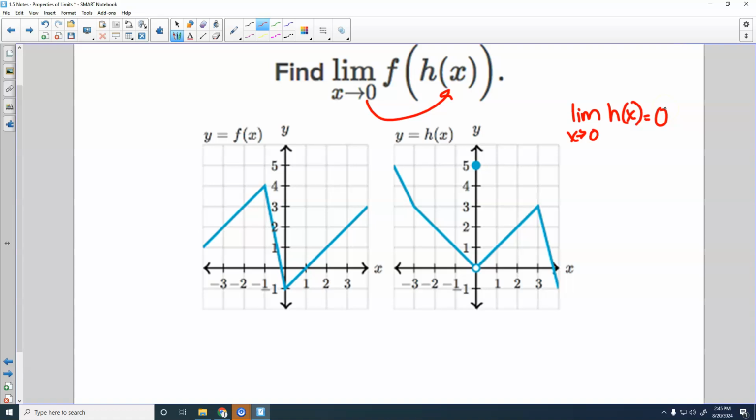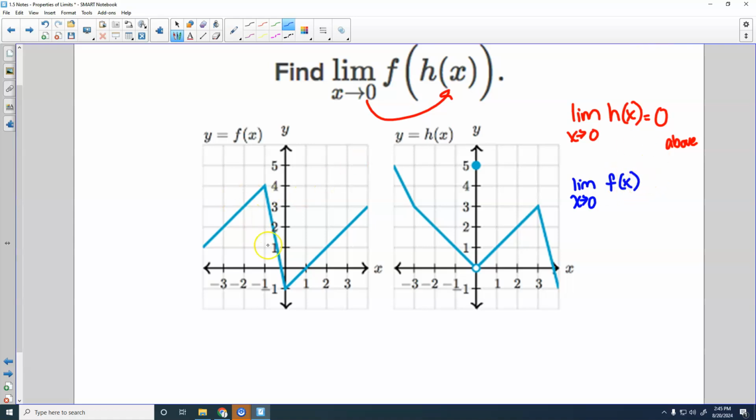From above or below? Or both? It's above. I'm going to put above over here. Since both of those come from above, on this one it's not going to matter, but let's go ahead and make that note. So that means what we're doing is the limit as x approaches 0, still 0, because this 0 comes here, of f of x.